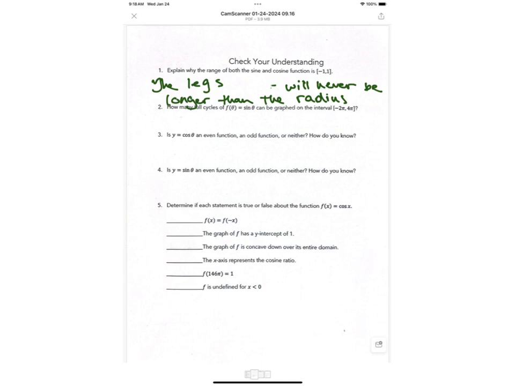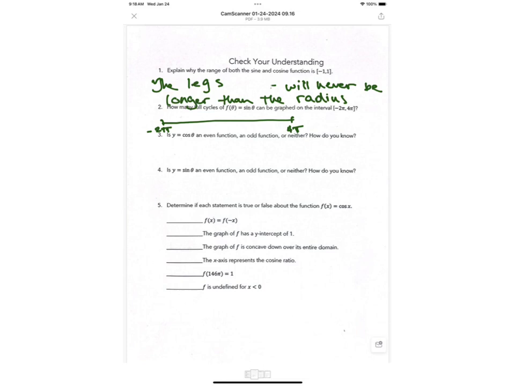Number 2 says, how many cycles of sine can be graphed on the interval from -2 pi to 4 pi? So I'm going to put a number line here, and I'm going to pretend it starts at -2 pi and goes all the way to 4 pi. Ruth called it earlier a period, a cycle. How many? What is a cycle of sine?